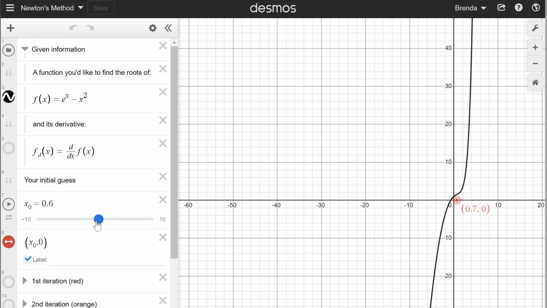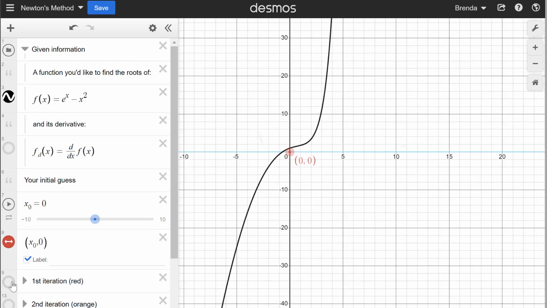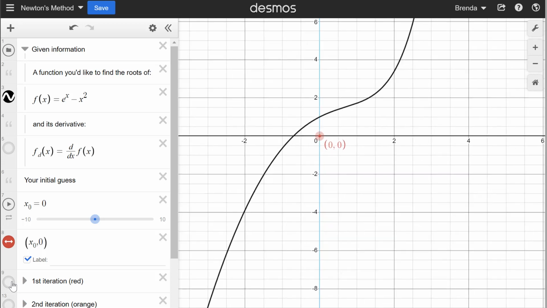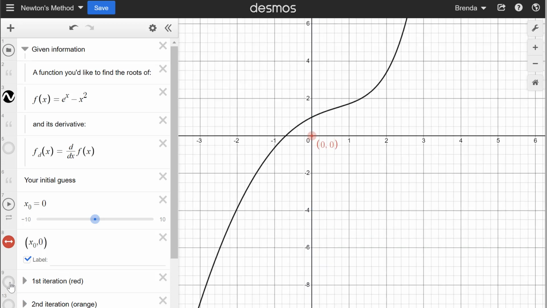We chose x equals 0 for our initial guess. And then I have this set up that it will do several iterations of Newton's method. I'm going to zoom in a little bit here so that we can see what's happening near that point a little bit better. Okay, so when I click this dot, it's going to show me the first iteration of what I calculated by hand when I was writing stuff out.